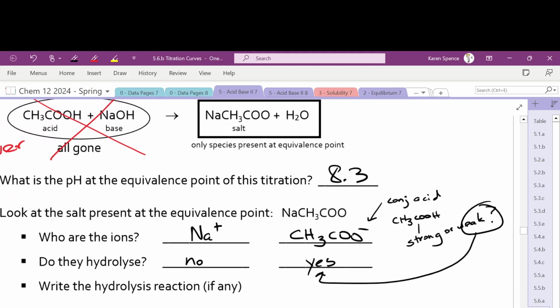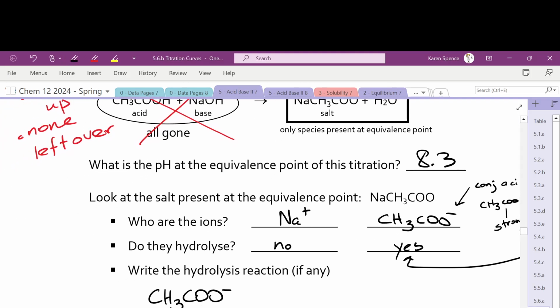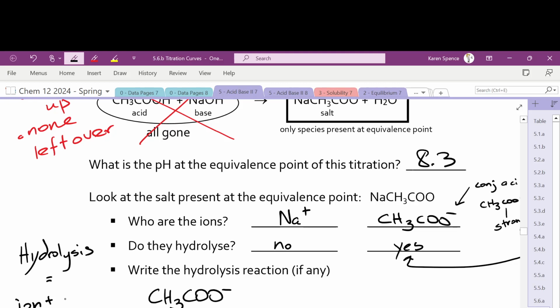So we're going to now write the hydrolysis reaction. CH3COO-, and remember hydrolysis is the reaction of an ion with water. So don't write the whole thing. Don't write NaCH3COO. The Na is a spectator, get rid of it.